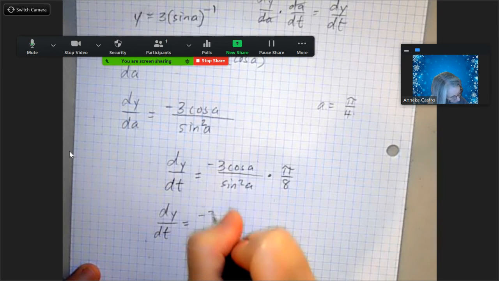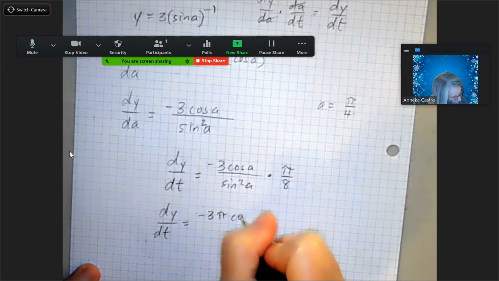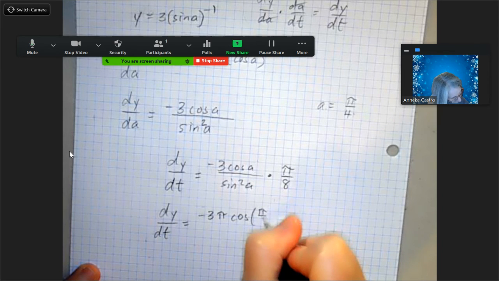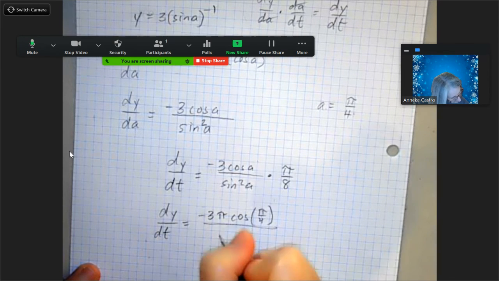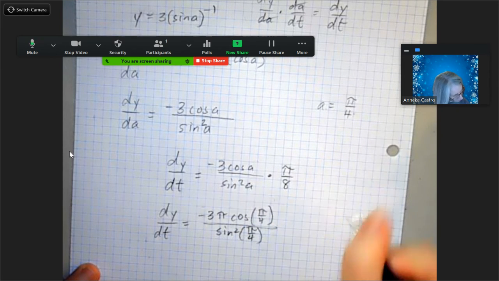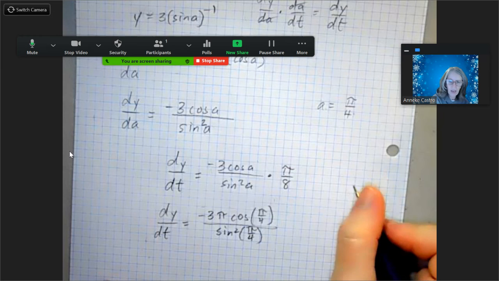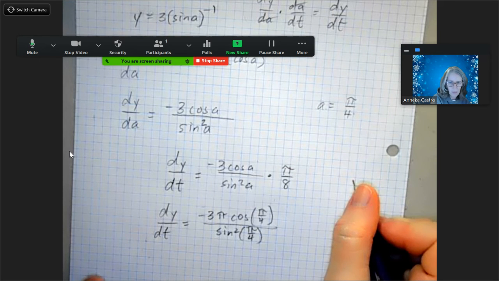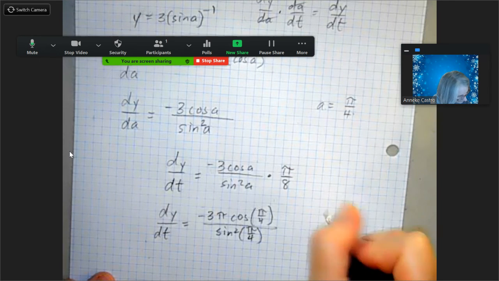So I'm going to put negative 3 pi times cosine of pi over 4 over sine squared of pi over 4. So at pi over 4, both the cosine and the sine happen to be the same thing, so this is going to reduce out pretty nicely.